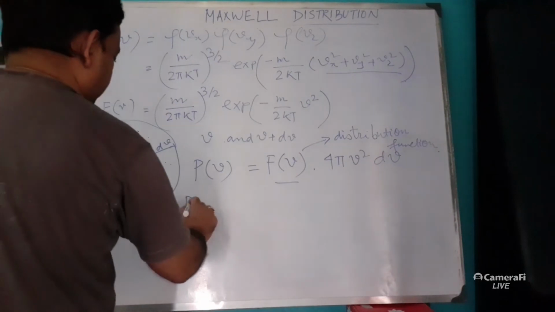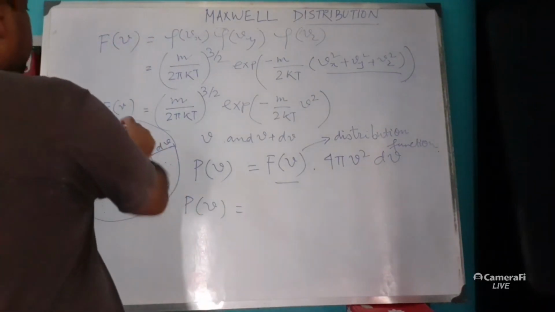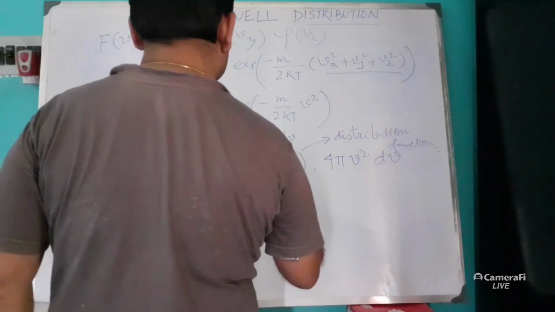So we can write P(v) is equal to, we already obtained F(v), so you can put it safely in this place.